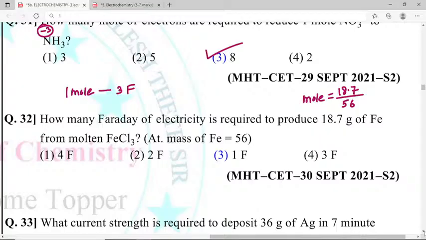So this is 0.3 Faraday actually. This is the answer, as it is 1 by 3. So this is 0.33. Okay, so this is 0.3.